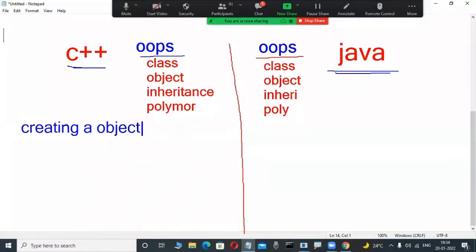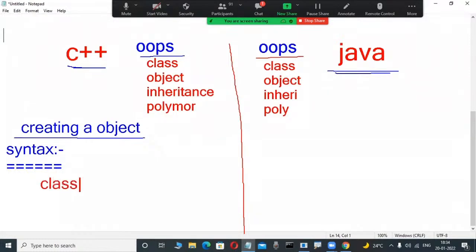What is the syntax in C++? Class name, space, object name. This is the syntax to create an object from the class in C++.